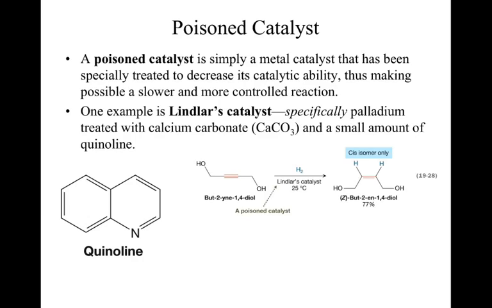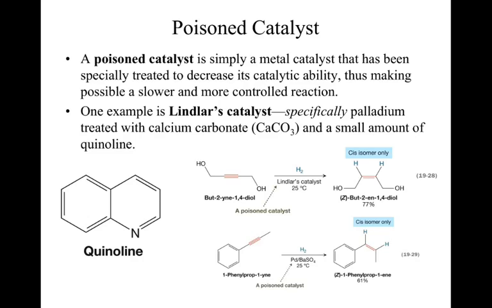If it adsorbs to the surface, the hydrogen can react, and we now have our reduction. And again, the alkene would then have to adsorb to the surface, and probably because of some kind of steric effect, blocking either by the quinoline or the carbonate, that can't happen, and we're left with just the alkene.